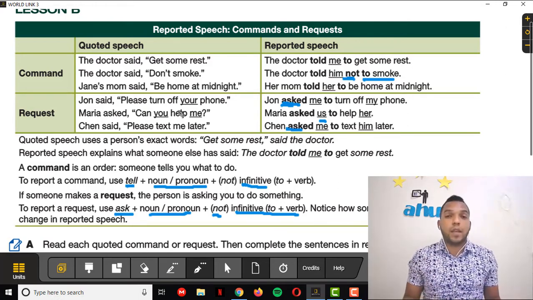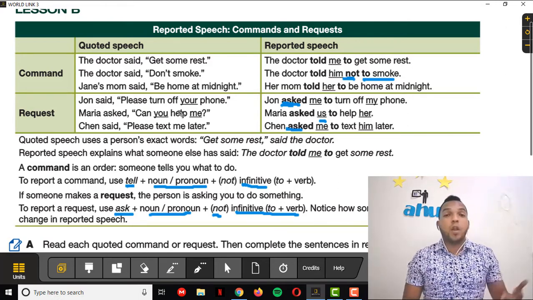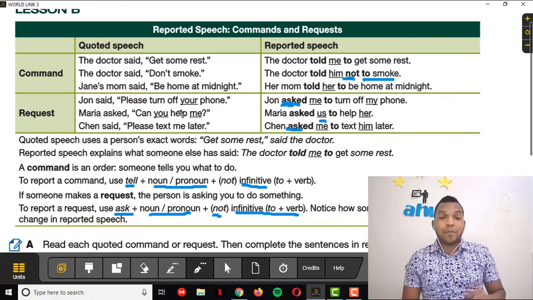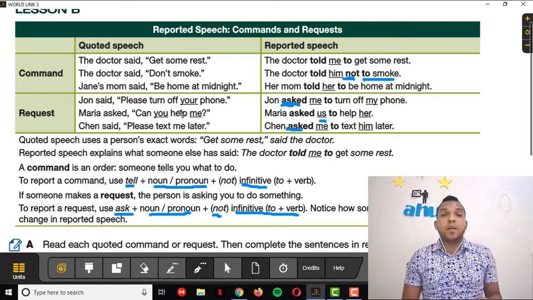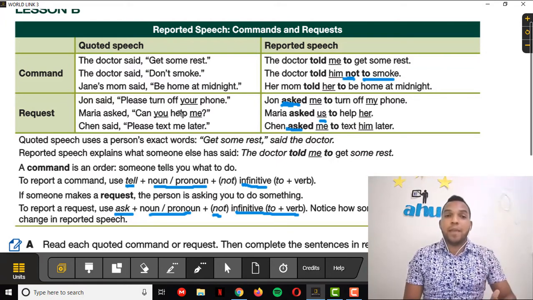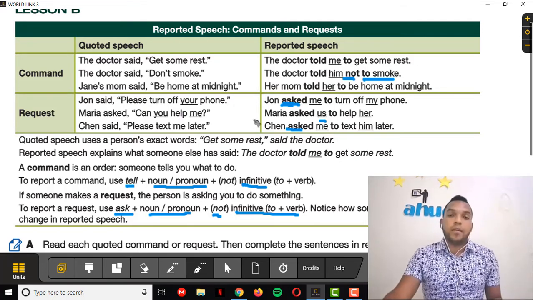So you will be learning all of those things in the next level, because this is advanced. You will be taking a look at the same reported speech but in other tenses. So right now we are focusing on this part which we got here.